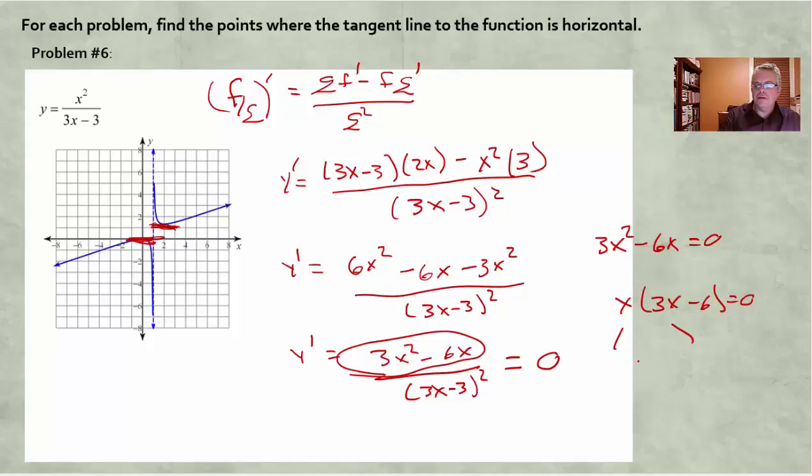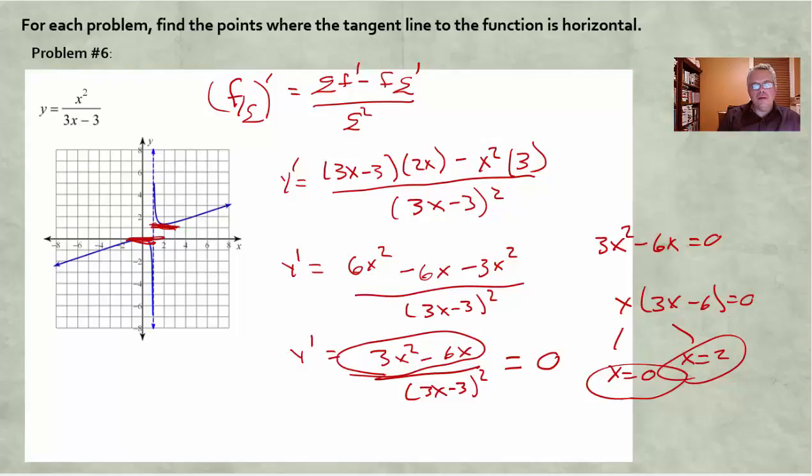We get, using ZPP, x equals 0, or you get x equals 2. Looks like the last problem a lot. All right, so when we have a quotient rule, we get kind of a rational function for the derivative. To find where it's 0, just set the numerator equal to 0.